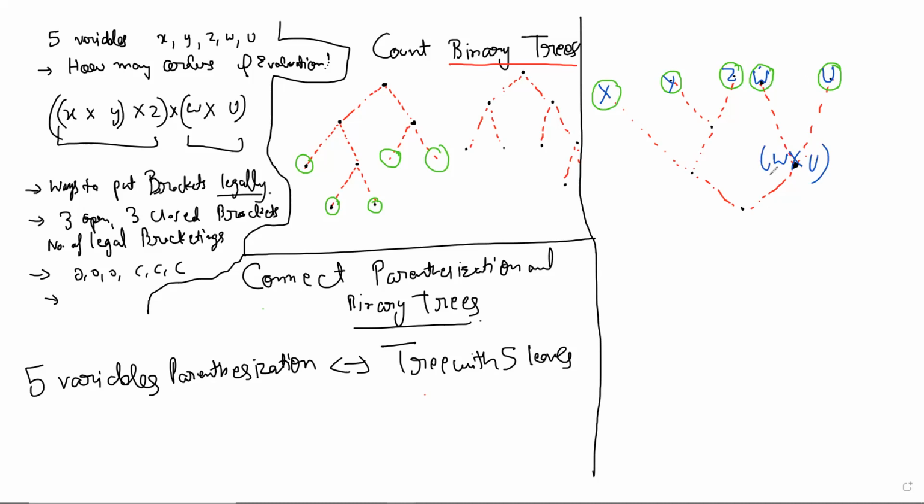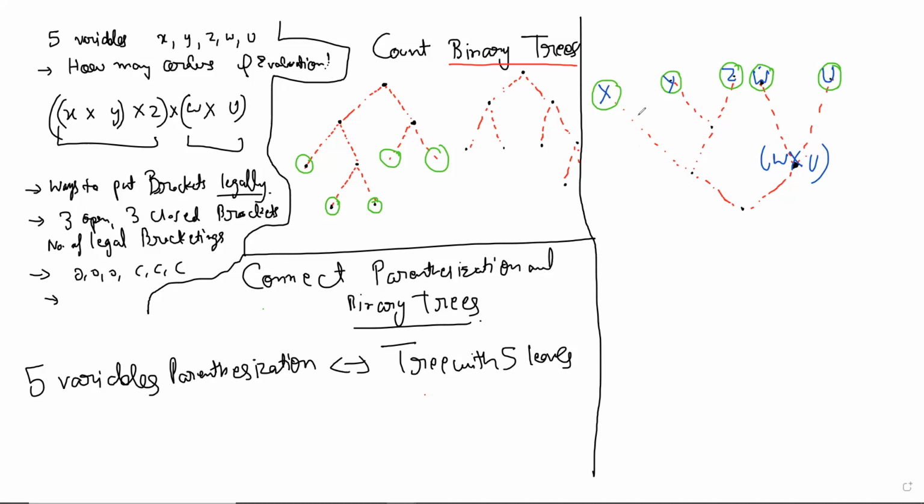W and U were evaluated together first, and Y and Z were also evaluated. I will not say putting X, Y, and Z in a big bracket, though you can say that if you're reading from below. The variables have come in, and we decided to evaluate a few of them without changing the order. X and U cannot be evaluated together; they are far apart. But Y and Z can be evaluated together, or X and Y could have been.